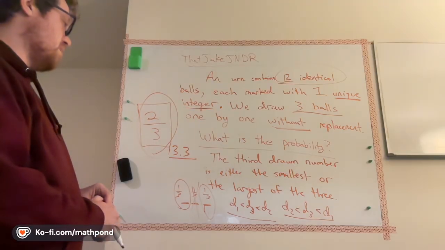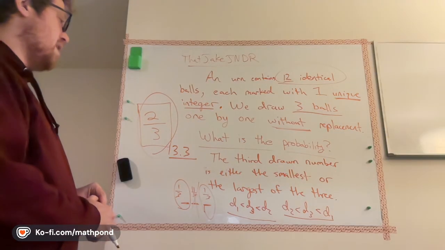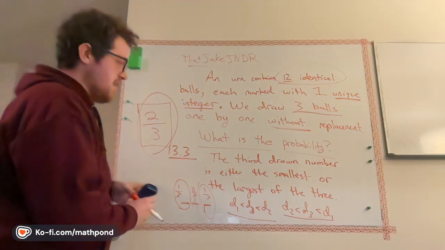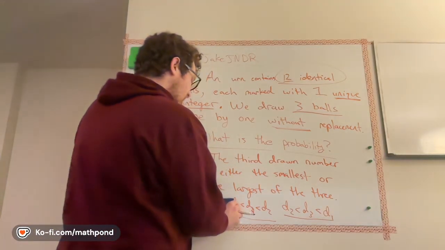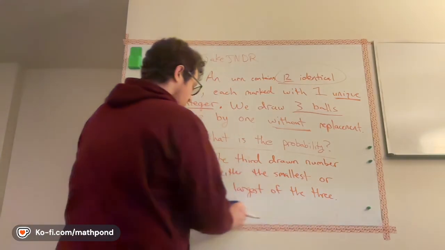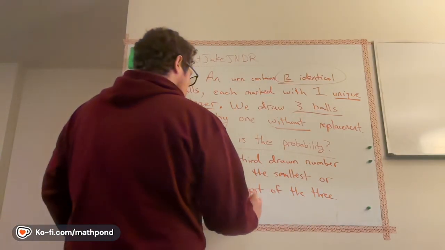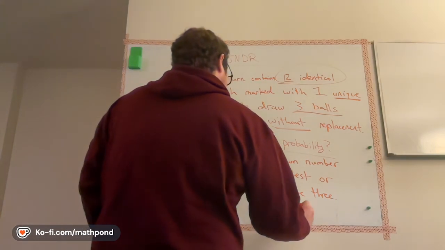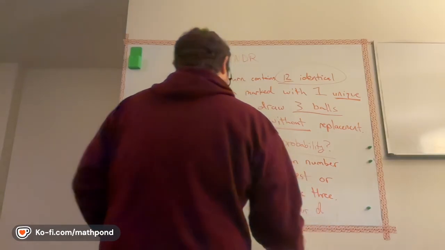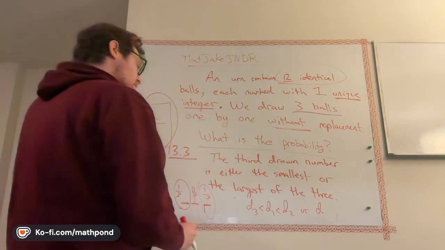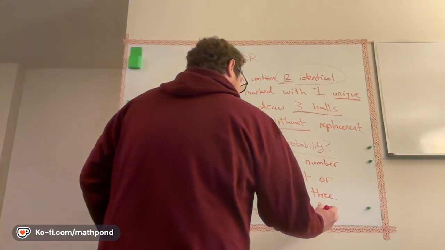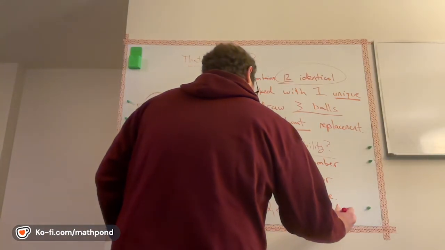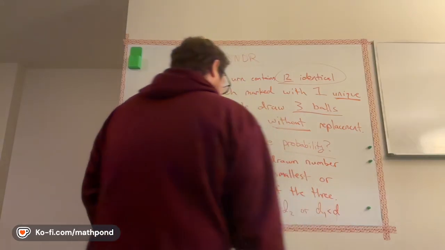Is either the smallest... Yeah, oh, right, I wrote this wrong, yeah, thank you. Right, it's the other way around, right. So D3 is less than D1 is less than D2, or D1 is less than D... Wait, what am I doing?